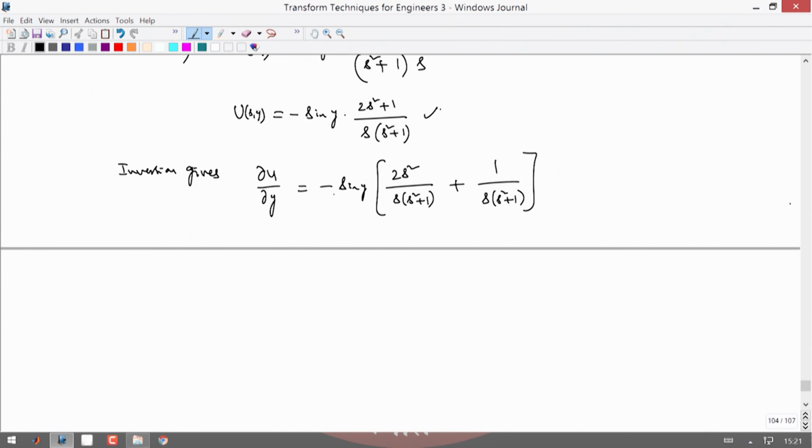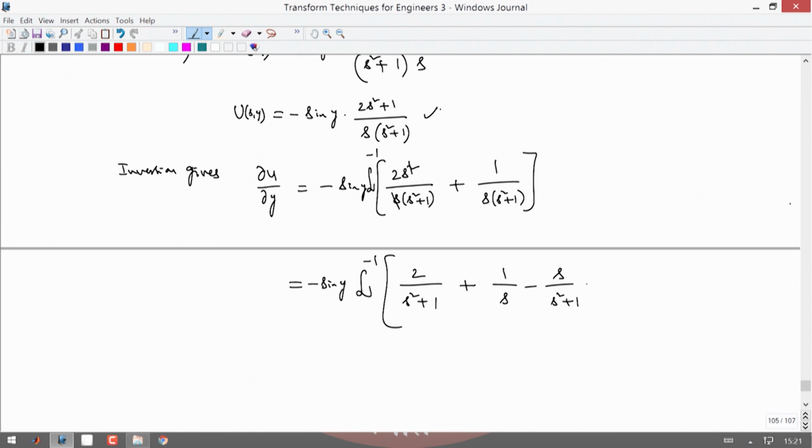So, this is a Laplace inversion. So, this is going to be minus sin y times Laplace inversion of, the first term 2 s square by, so s goes, so this is going to be Laplace inversion of 2 by s square plus 1. So, 2 you can bring it out anyway. So, plus Laplace inversion of 1 by s minus s by s square plus 1.